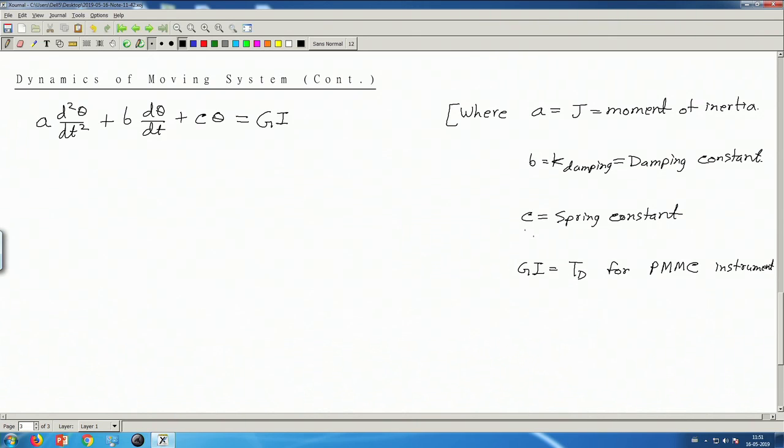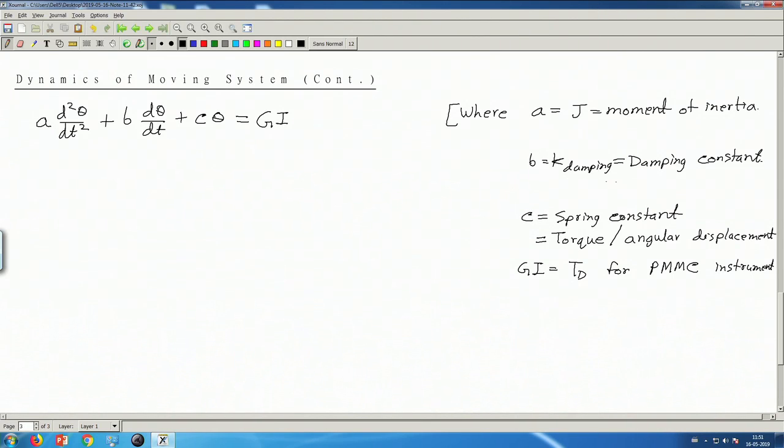Let me also write the dimensions of these variables. C is torque per unit angle or angular displacement, so it may be like Newton meter per degree or per radian, depending on whatever unit you choose.